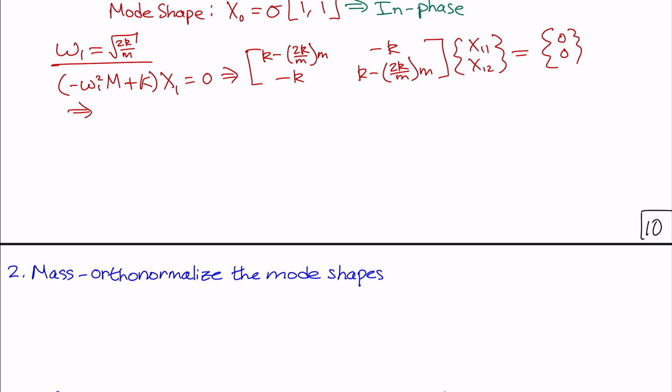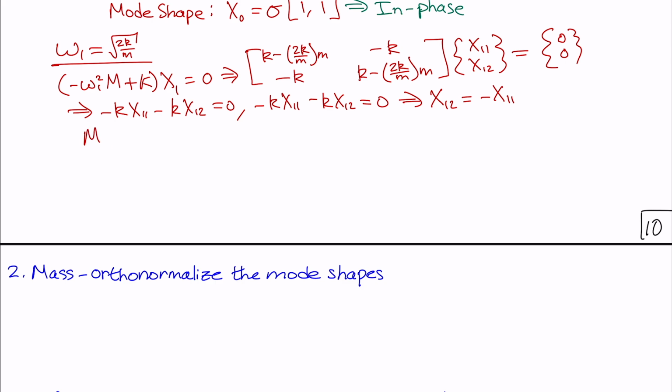From here, we're going to get two equations. Just like before, we'll end up with minus k x11 minus k x12 equal to 0. And here we get literally the same equation, k x11 minus k x12 equal to 0, such that we'll find that x12 is equal to minus x11.